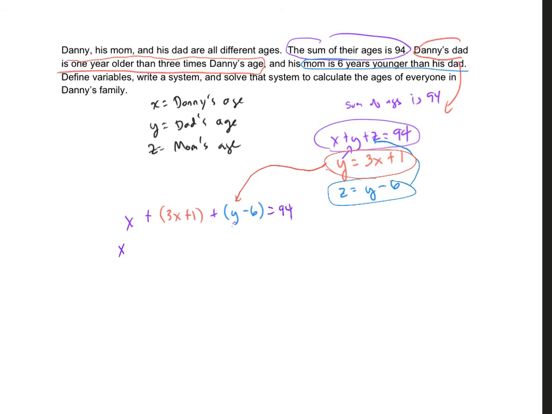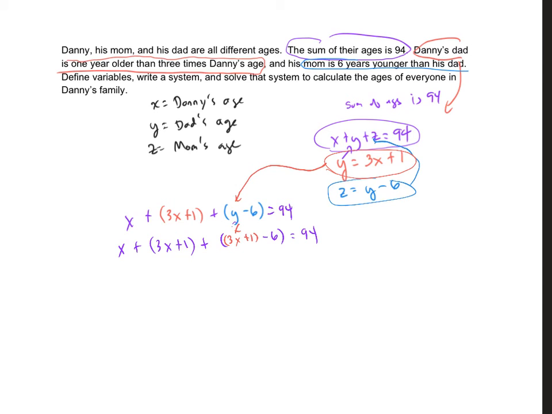So let's see, x plus, I'm just going to change this back because I'm not focusing on that, and then so that's what it would look like if I substituted. Now I have everything in terms of x.